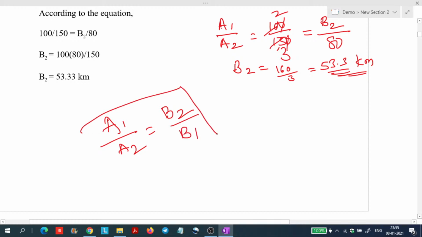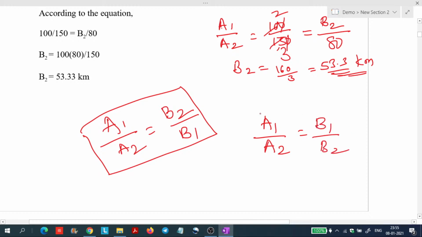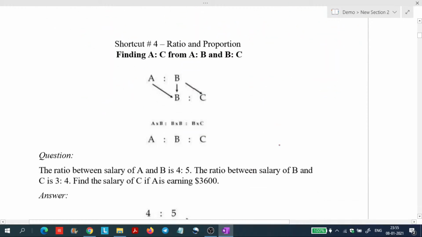So this is for the inversely proportional. For direct proportional, a1 by a2 equal to b1 by b2. Okay, so this is directly proportional.